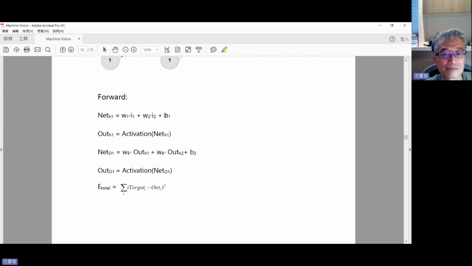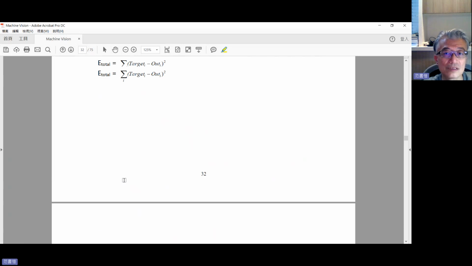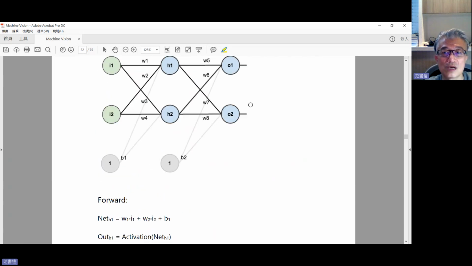How can we do that? By the chain rule. Since we got the result right here, the best way is just to go in reverse from the end toward the start. That's called backpropagation.